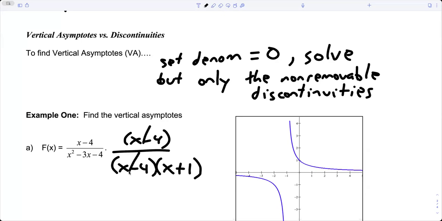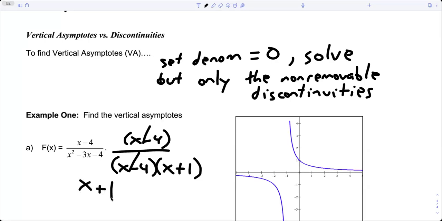The two x minus 4s cancel, meaning there's a removable discontinuity there, or there's a hole in the graph. So if it's a removable discontinuity, then there's not a vertical asymptote there, right? So I'm going to discard that for a second.